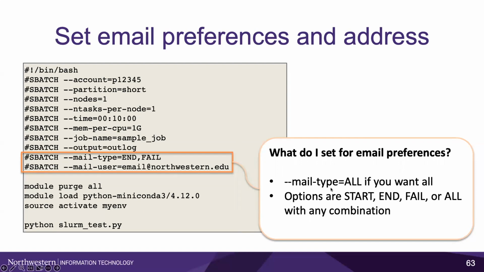You can do mail-type ALL if you want all possible notifications, or you can do a combination of start, end, and fail separated by commas to tailor the notifications to your needs. I personally like doing end and fail to receive notifications when my job either finishes successfully or fails. And then the last one, mail-user, is where you can specify your own email address that you want to receive notifications to.